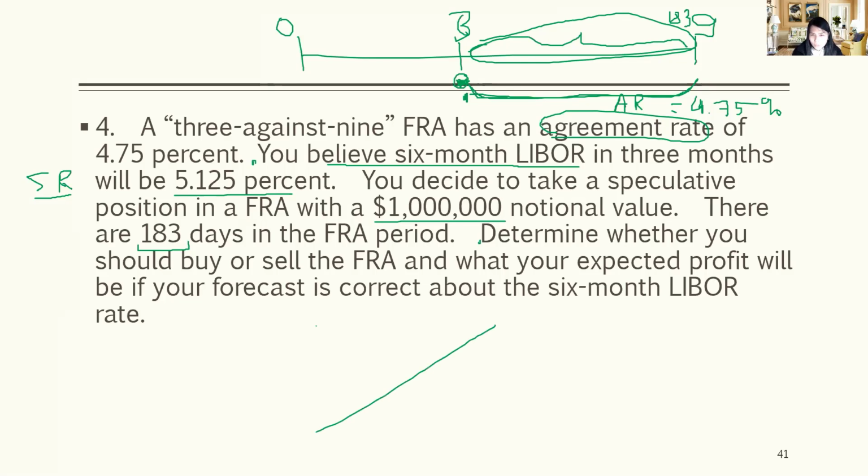The starting point, once again, is to look at the payoff functions for the two positions to decide where you want to be, okay? So here is a long FRA and here is a short FRA.